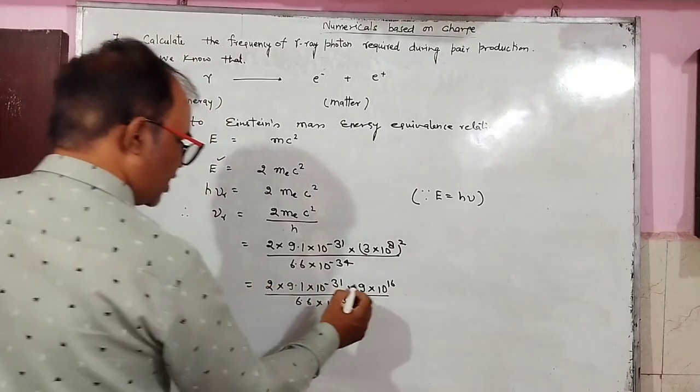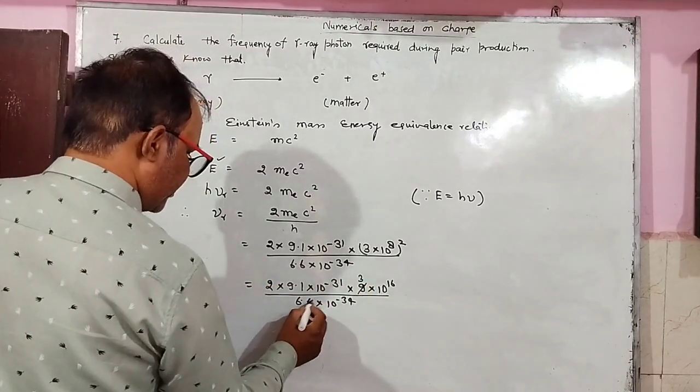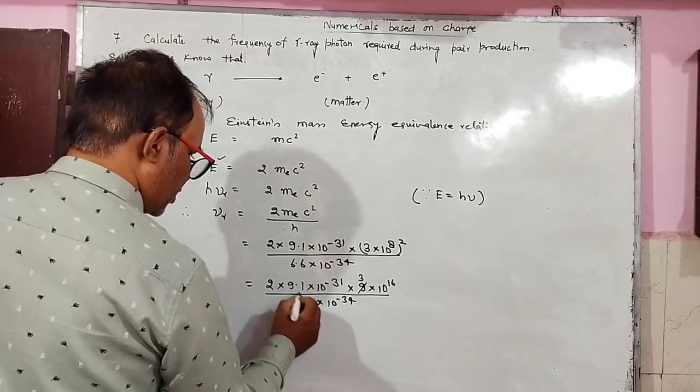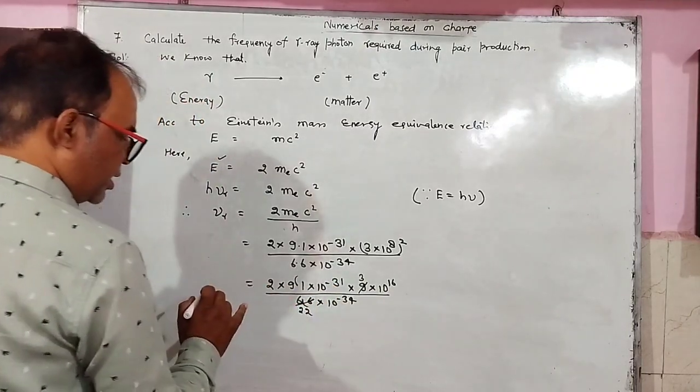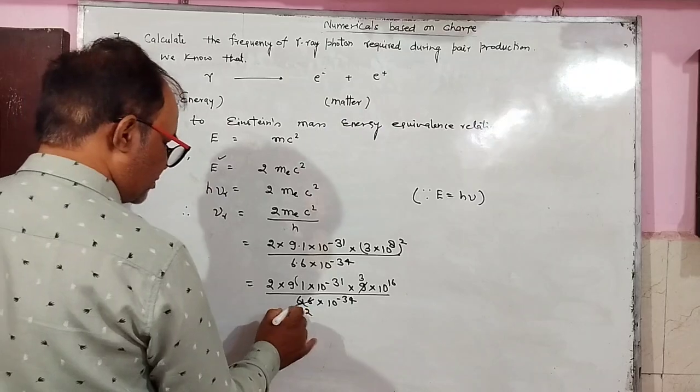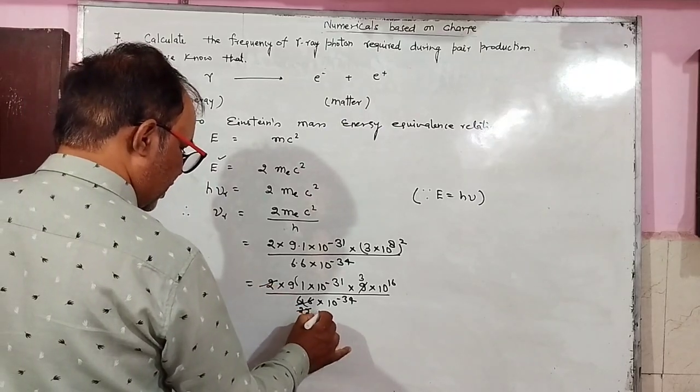Now further solving, decimal removed, and this 66 cancelled by 22 times and the 11.